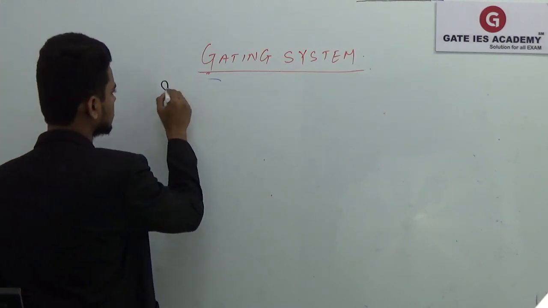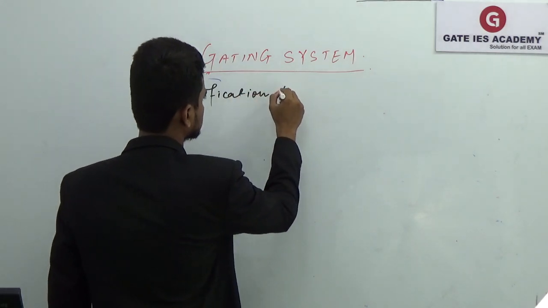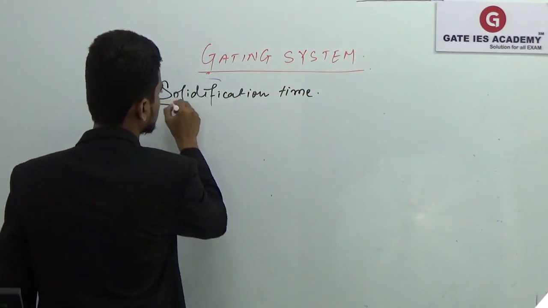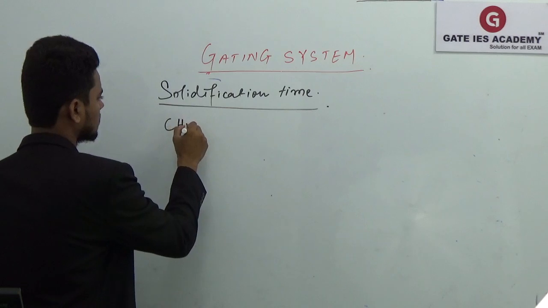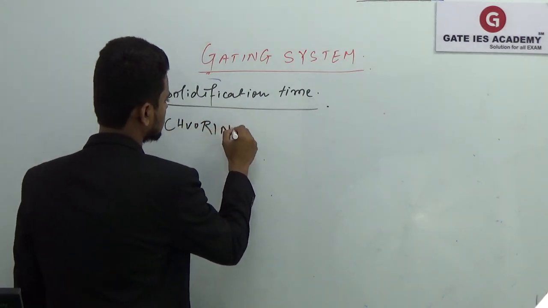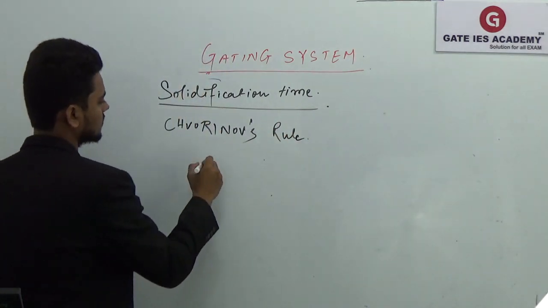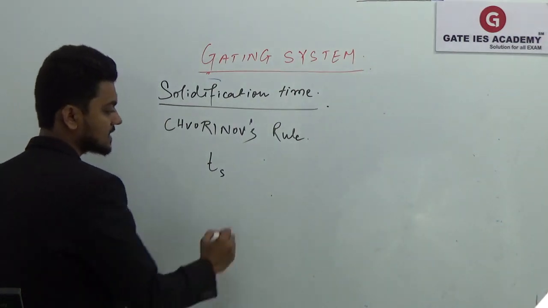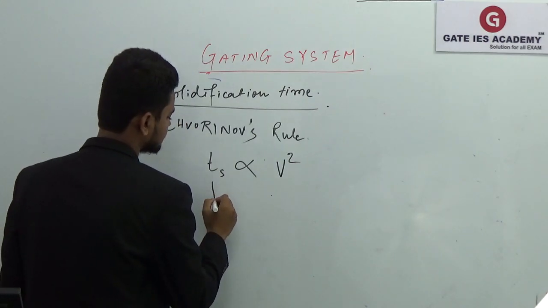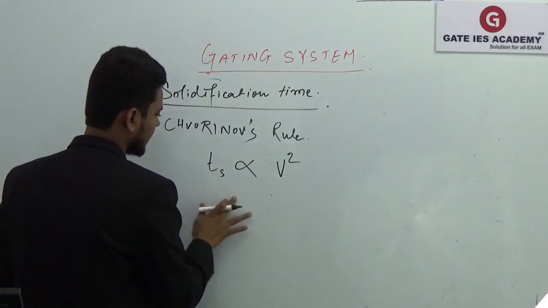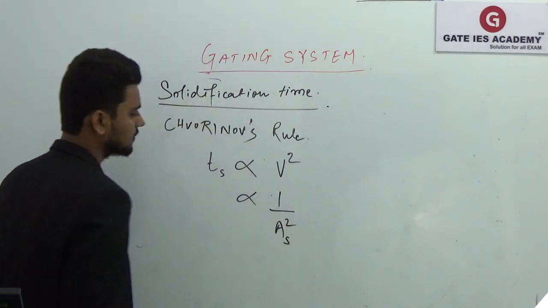Solidification time by Chvorinov's rule: what he said is that the solidification time is directly proportional to the square of the volume, and it is inversely proportional to the square of the surface area.